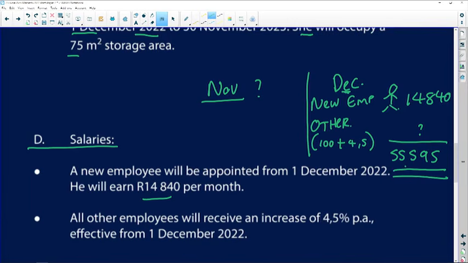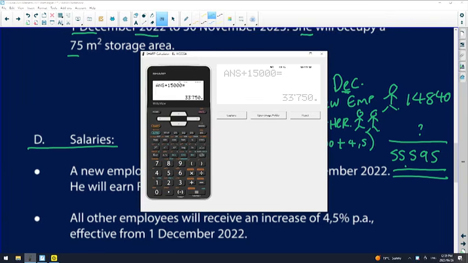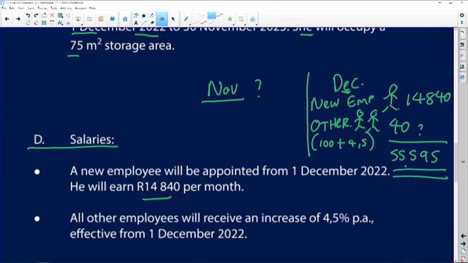Right, this is made up of the new employee as well as all my other employees. Okay, so let's look at the difference. So 55,595 minus 14,840. So the other employees, 40,755.